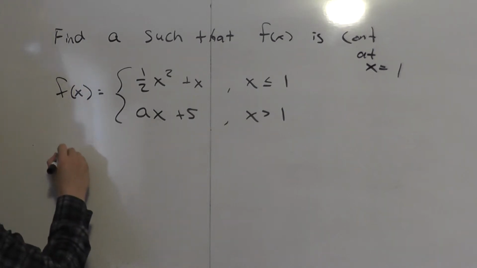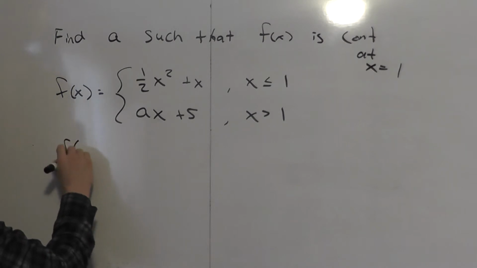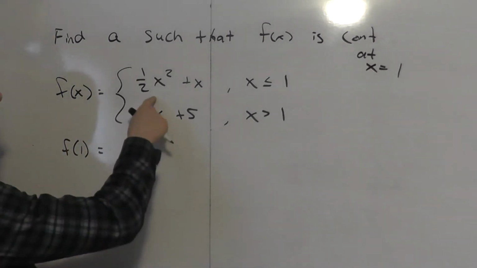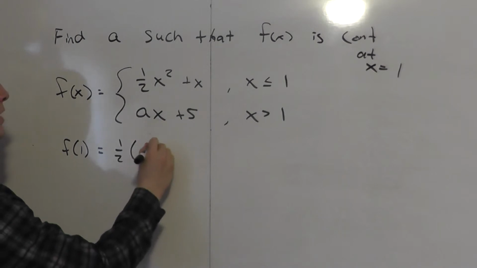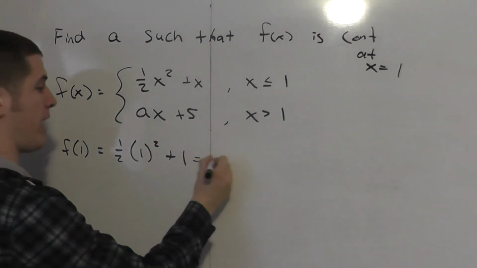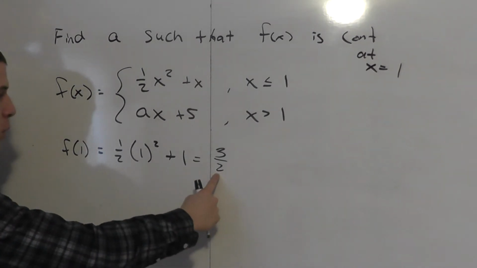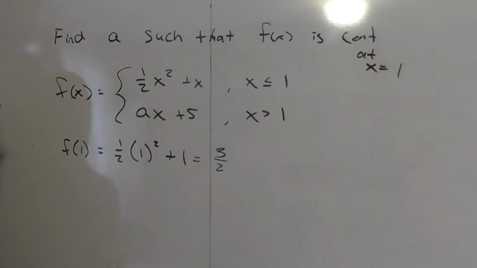So first, let's make sure f of 1 exists. F of 1 is going to be 1/2 times 1 squared plus 1, which is 1/2 plus 1, or 3/2. Now, we want the limit as x goes to 1 to be equal to f of 1, which is 3/2.